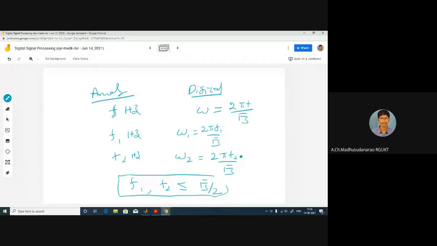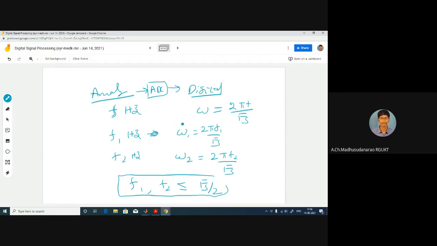The equivalent digital frequency. This is the equivalent digital frequency after converting into the digital domain. You can think of it like this. Analog signal applied to ADC, analog to digital converter. Then I get the concerned digital signals as follows.